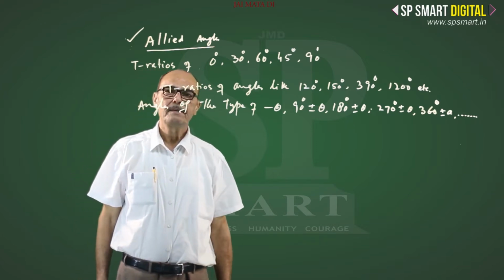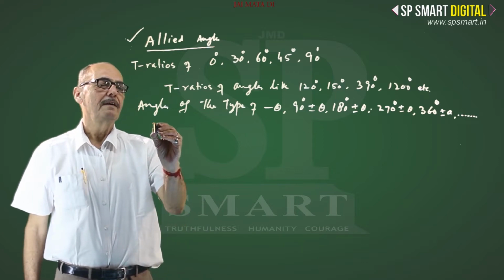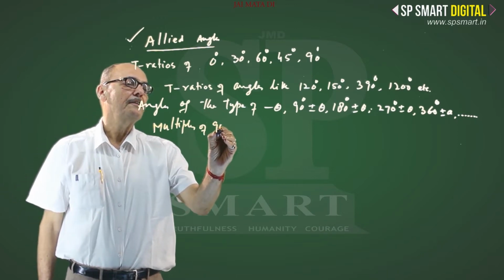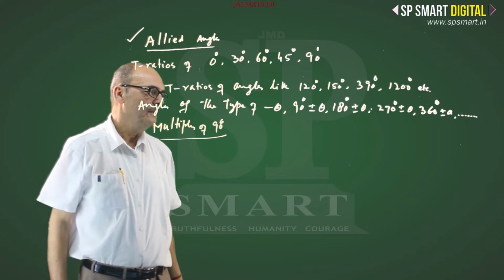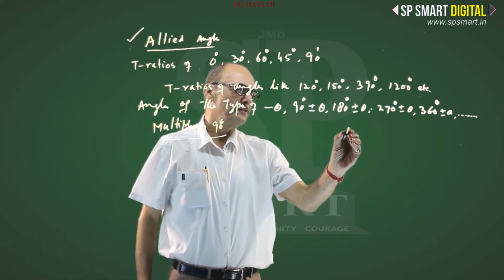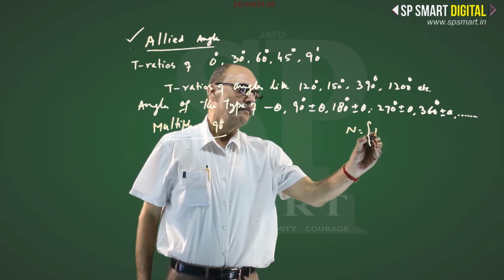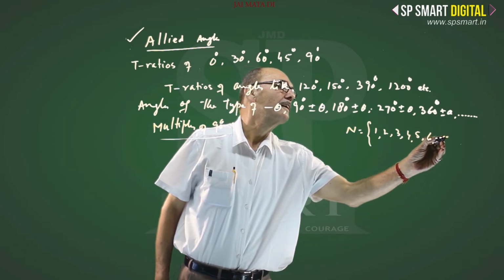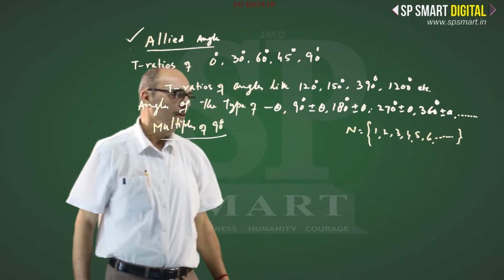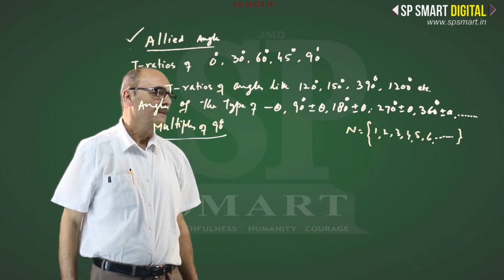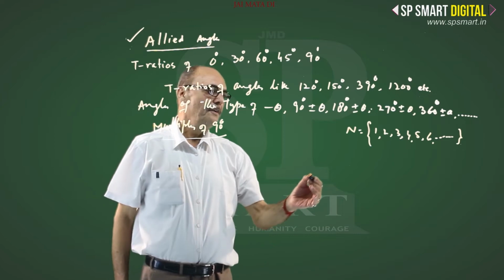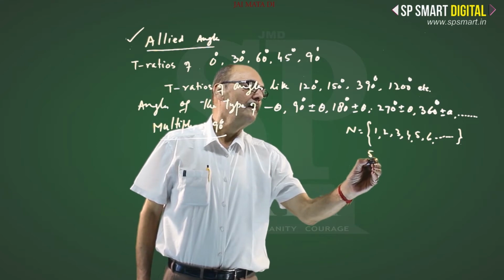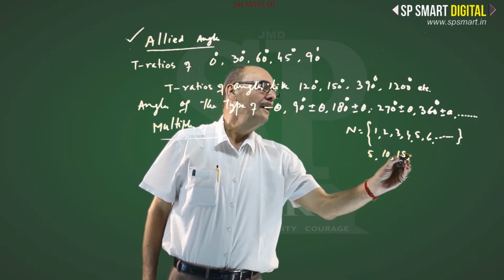When we discuss the multiples of 90 degrees, well children, we are familiar with the set of natural numbers as 1, 2, 3, 4, 5, 6, and so on. And in the lower classes, we have done the tables of different numbers. For example, table of 5 as 5, 10, 15 and so on.